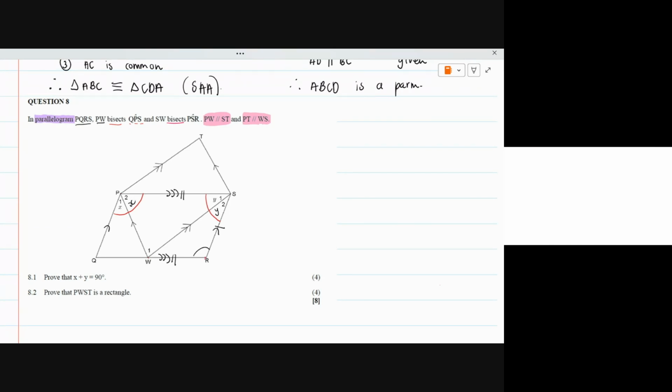I can see here that my two X's are connected to PQ and my two Y's are connected to RS. And from there, both of them are connected to PS. Yes?